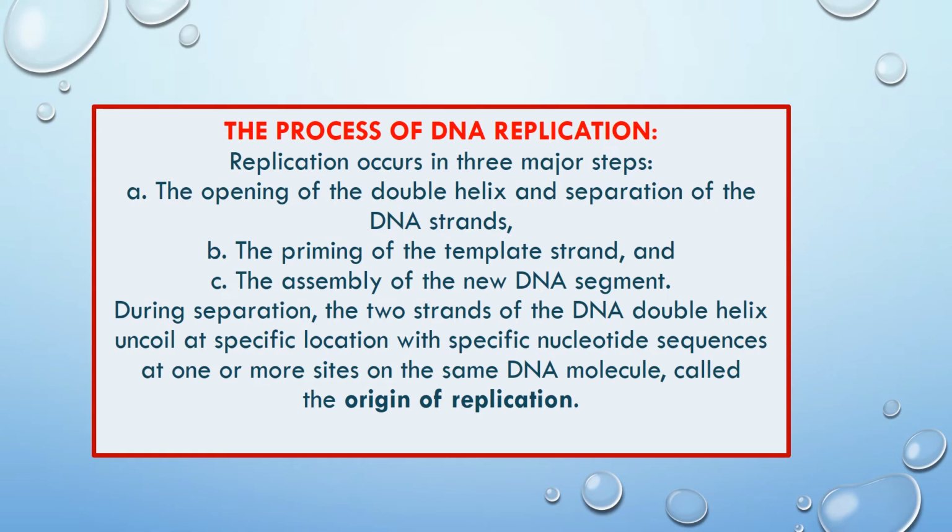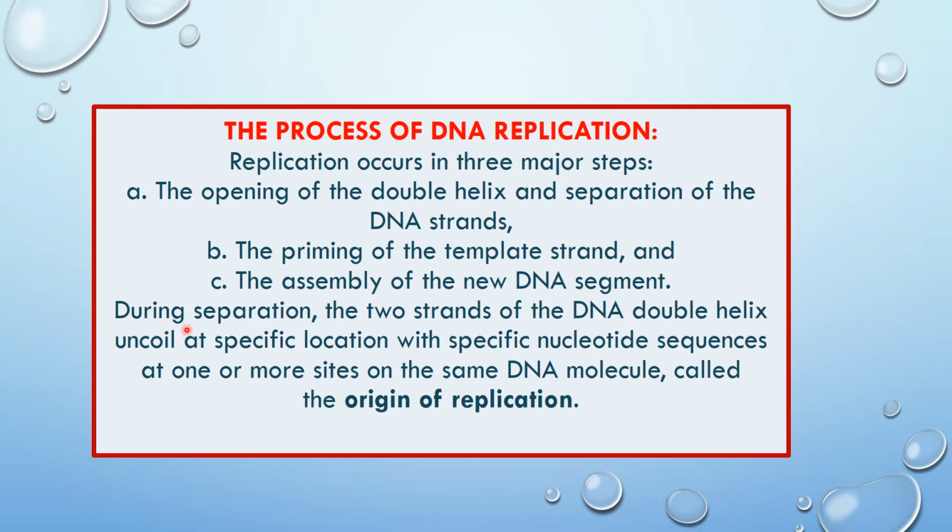The process of replication is completed in 3 steps. The first step is the opening of the double helix and separation of the DNA strands. The second step is the priming of the template strand, while the third step is the assembly of the new DNA segments.